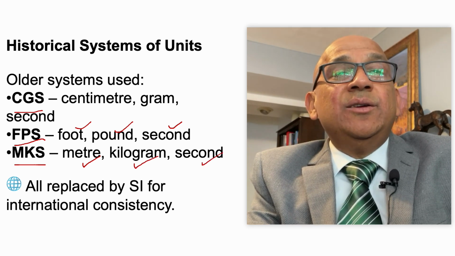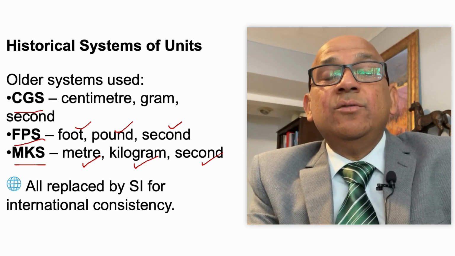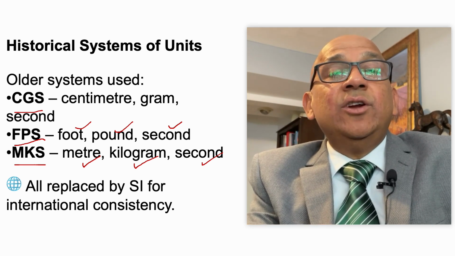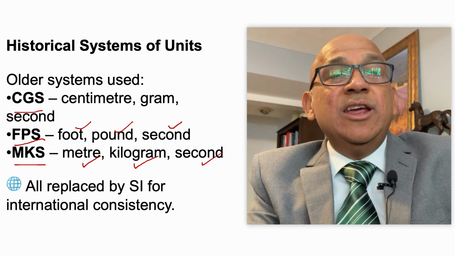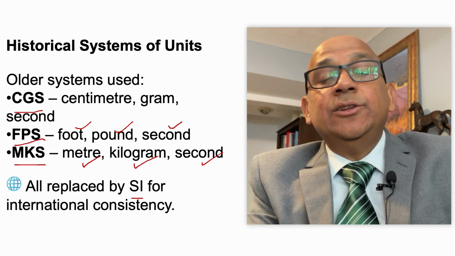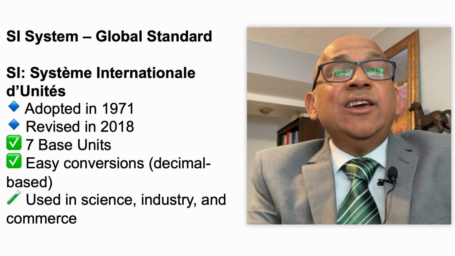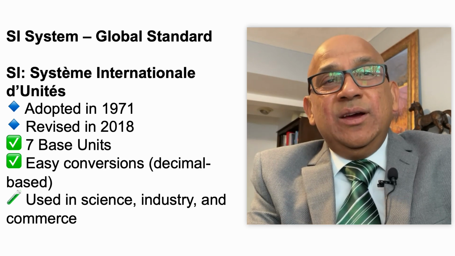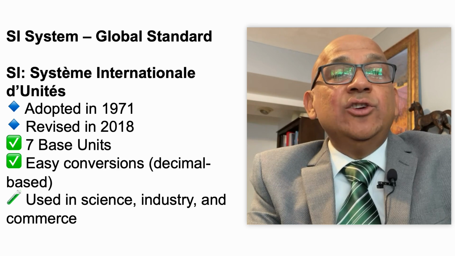So these different systems were used in different countries, different geographical areas, and so there used to be a lot of confusion, and now all of those have been replaced by SI system for international consistency. So in SI system, which is a global standard, there are 7 base units.